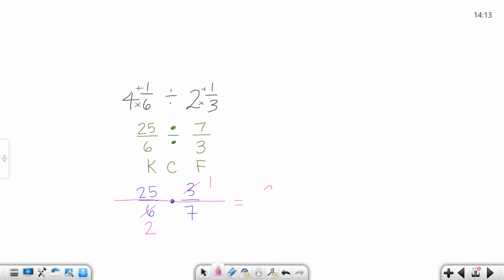So across the top, I would have a 25, and across the bottom, I'd have a 14. Okay, writing that as a mixed number, 14 goes into 25 one time with 11 left over. So this would be the whole number 1 with 11/14 left over.